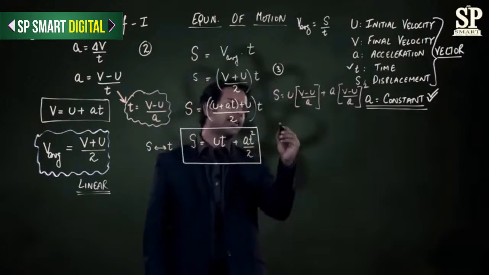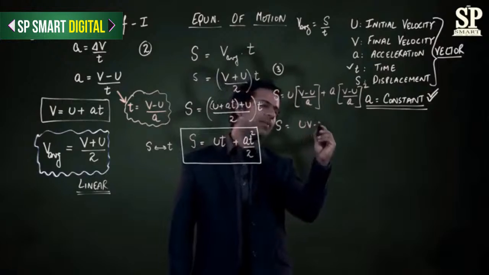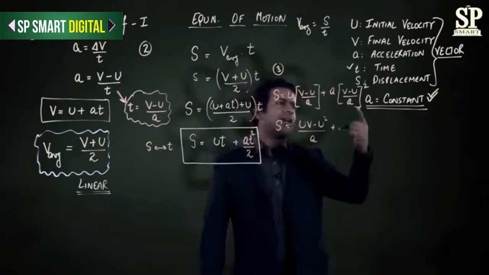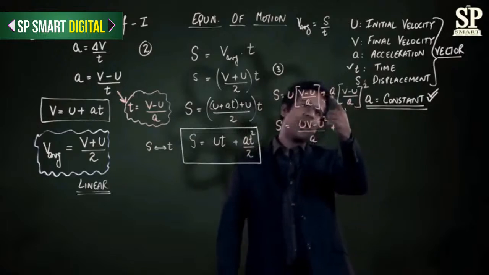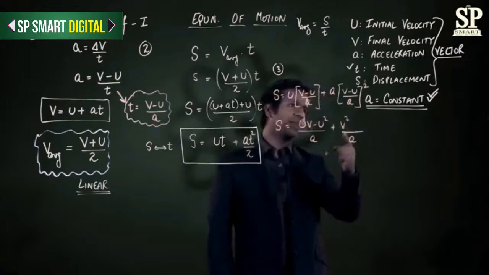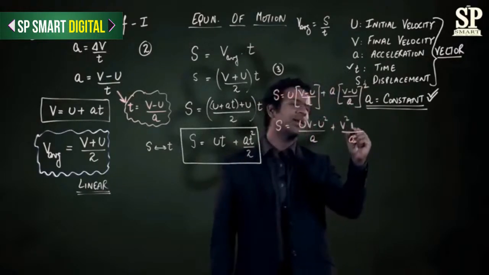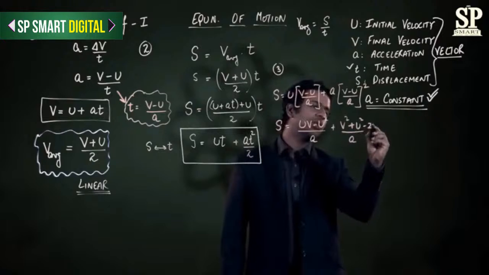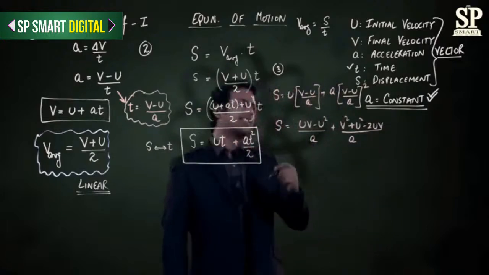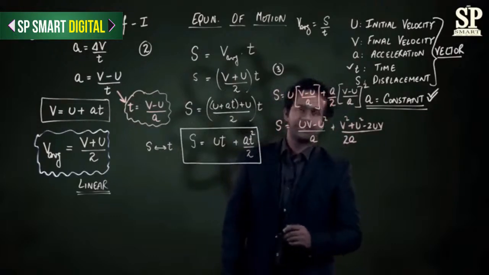When you multiply this, you get uv minus u square by a plus, since there is a square, one of the a will get cancelled and you have a into v square. In the numerator, you're left with v minus u whole square, which is v square plus u square minus 2uv. We've missed out on the half at square, so you'll have a 2a in the denominator.